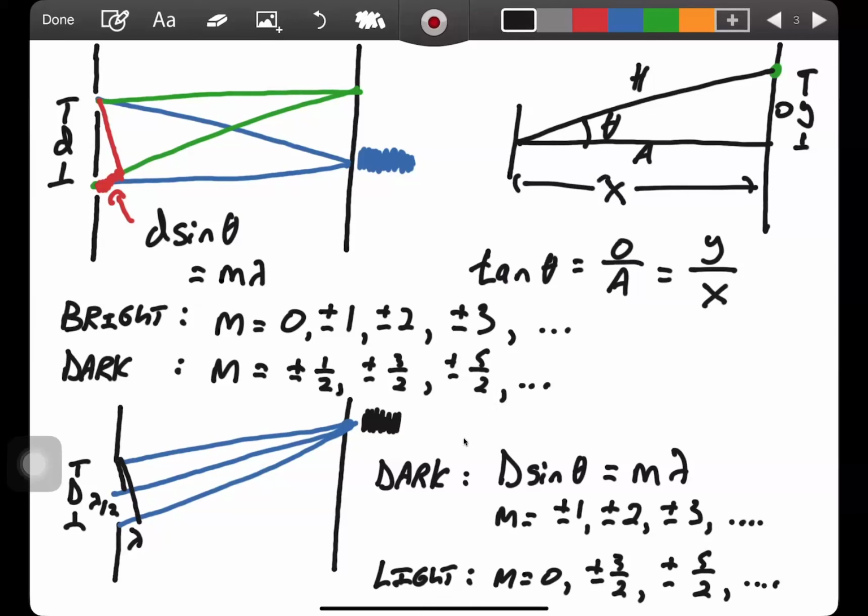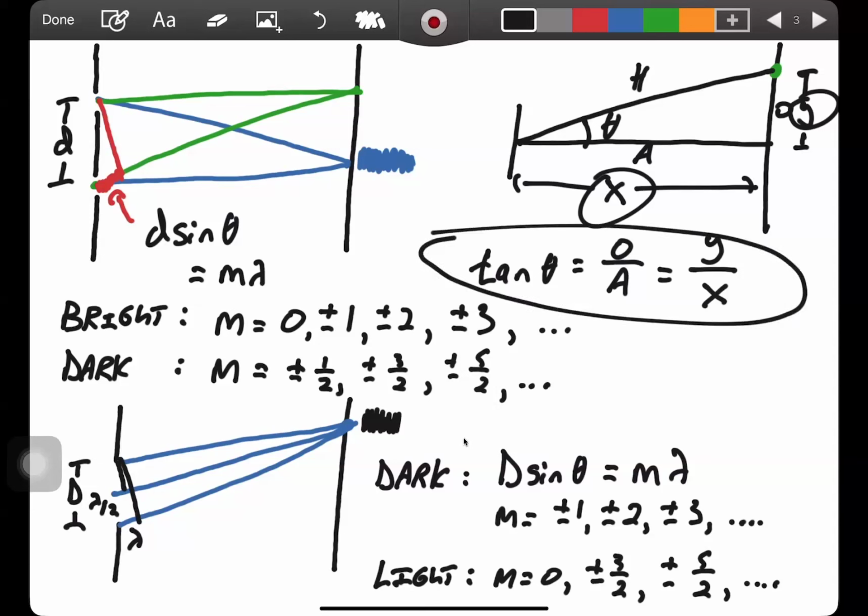That's this X value that I drew up here. You can think of the distance on the screen as a Y. It's either going to be positive or negative based on whether you're above the center or below the center. And you can use trigonometry to figure out what these different values are. You'll probably be given some and not others, and you have to do the trigonometry to solve the problem.